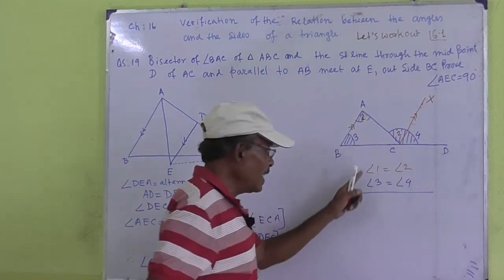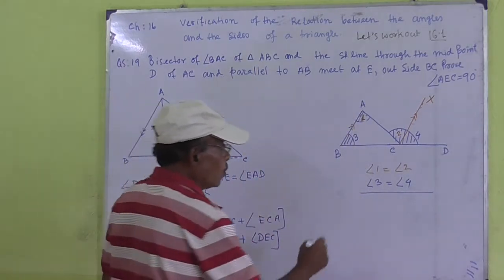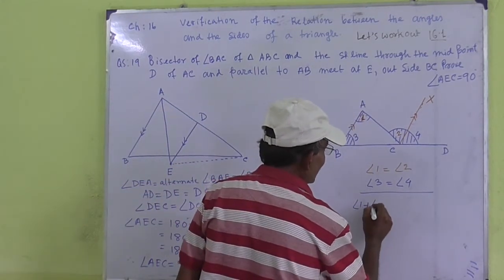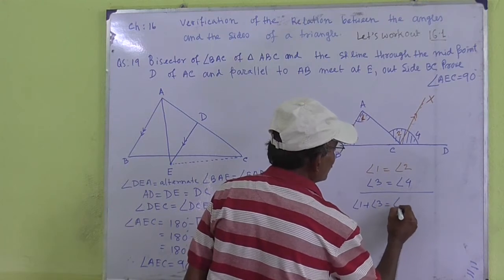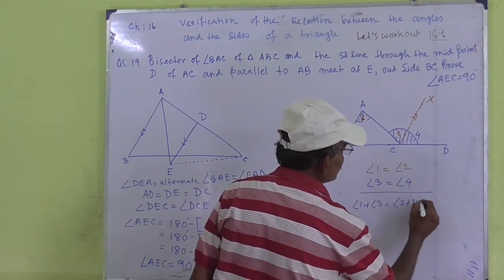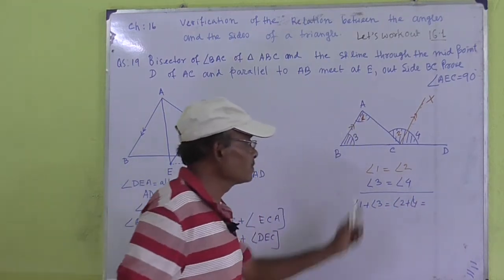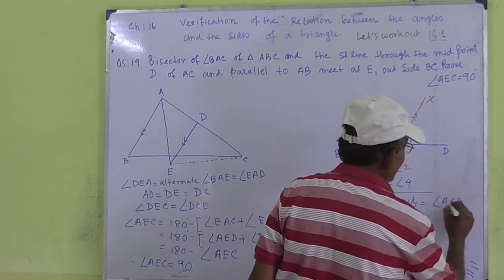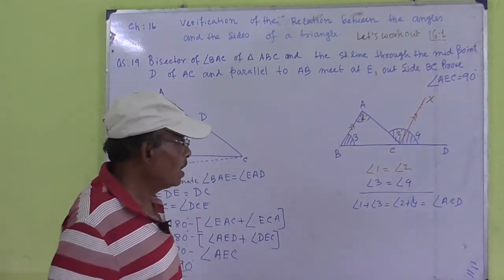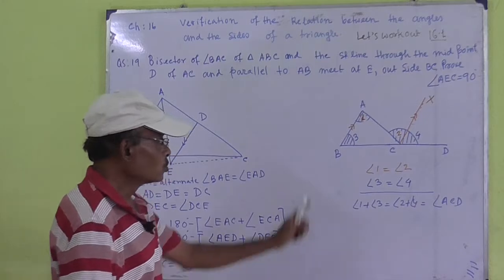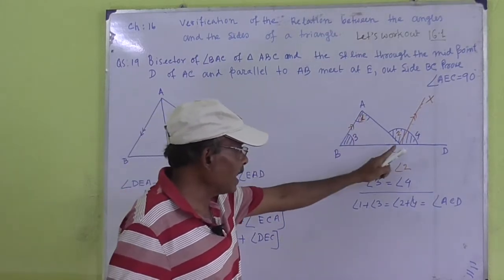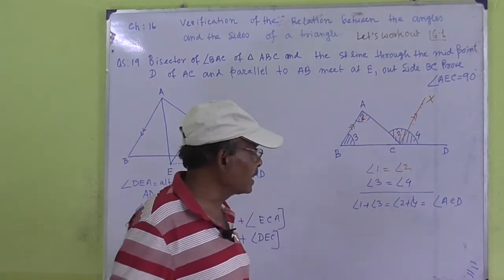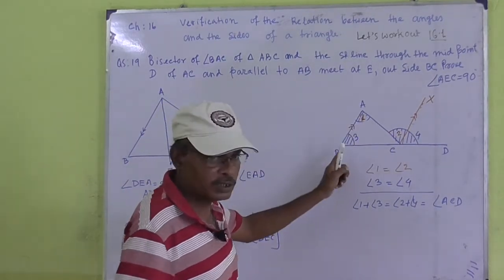So, if we add, angle 1 plus angle 3 equals angle 2 plus angle 4, which makes angle ACD. Clear? So, it is proved that angle ACD, that means the exterior angle, equals the sum of the opposite interior angles.